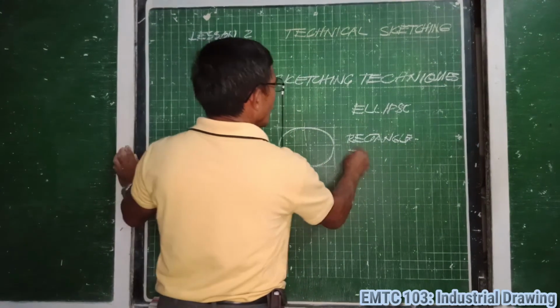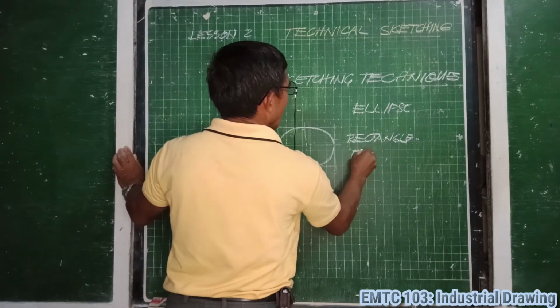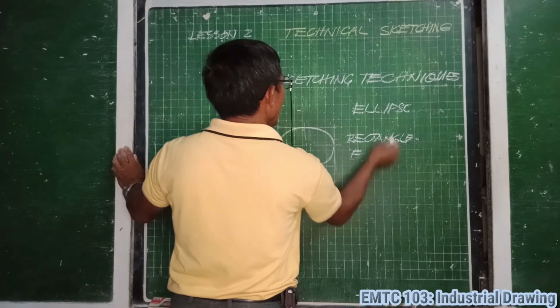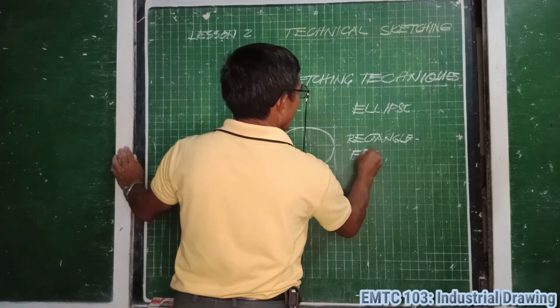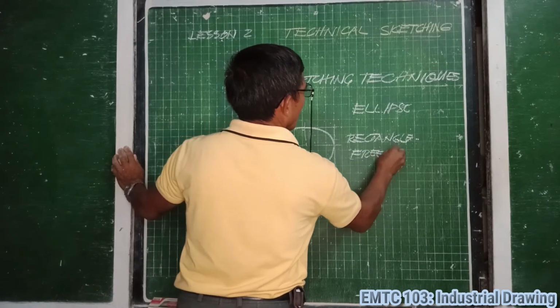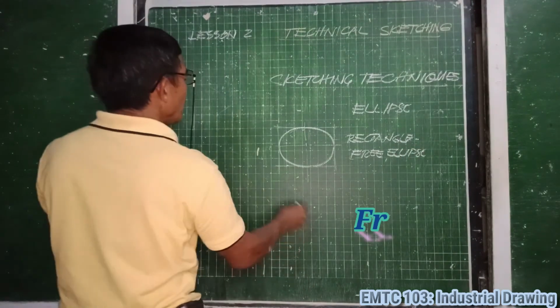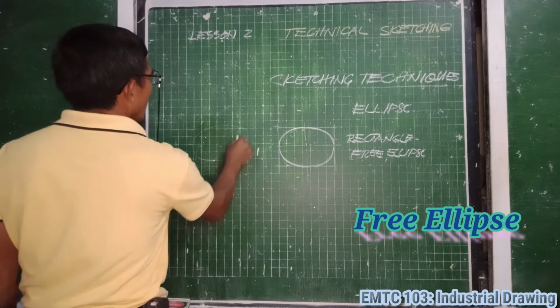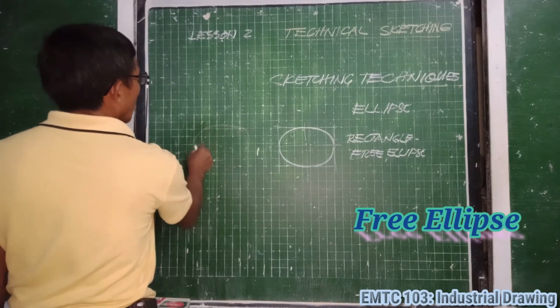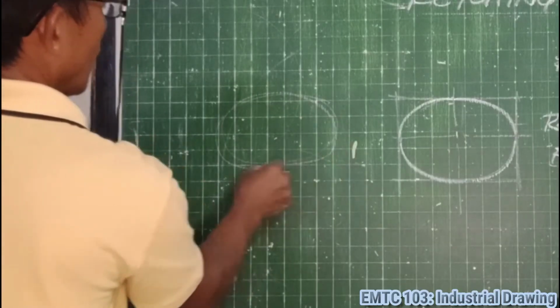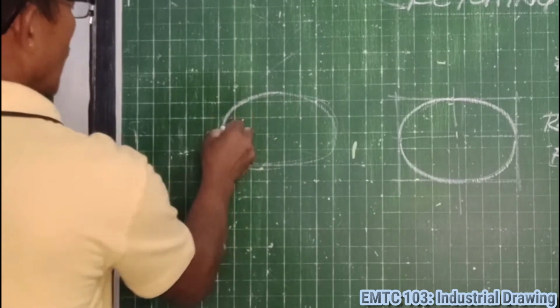And we also have what you call the free ellipse. How is a free ellipse? You just draw that. There is no guideline.